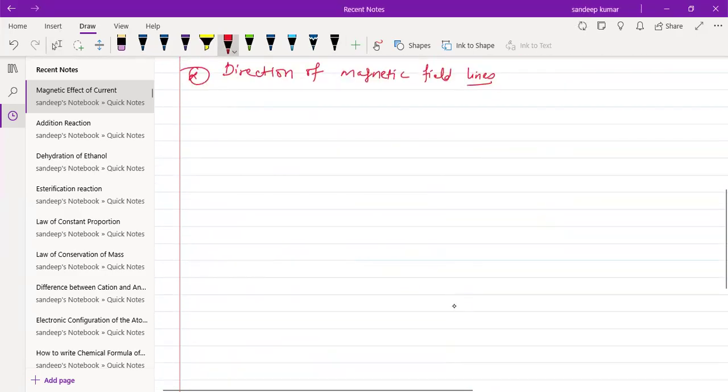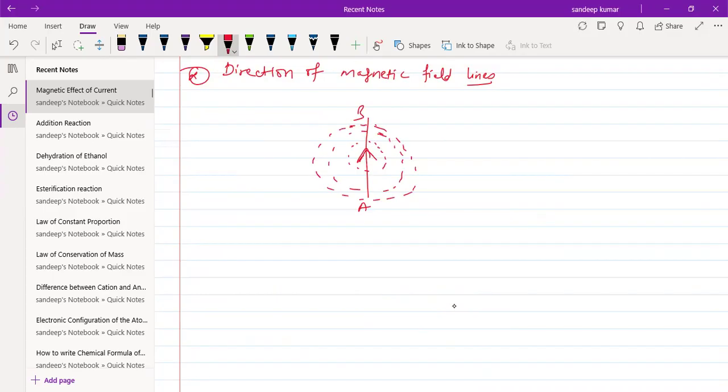Suppose this is the wire and current is going from bottom to top, let's say from A to B. So you have to place your thumb in this direction. If you draw the curved lines, it is a concentric circle. If you place the thumb along AB pointing in the direction of current, then the curling fingers will be anti-clockwise, children.